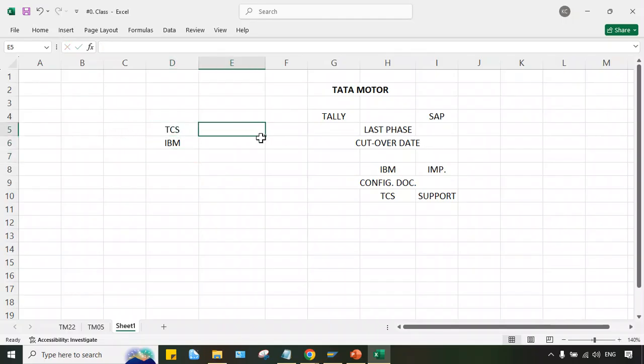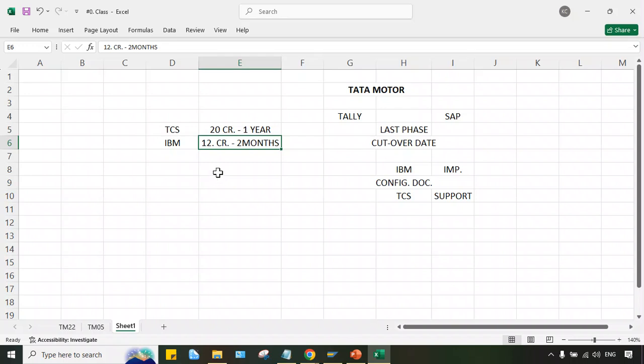So TCS is saying, for example, that we will charge some 20 CR, and in that we are giving 1 year of free of cost support. Whereas IBM is saying that I will charge only 12 CR, and I'll give only 2 months of free of cost support.